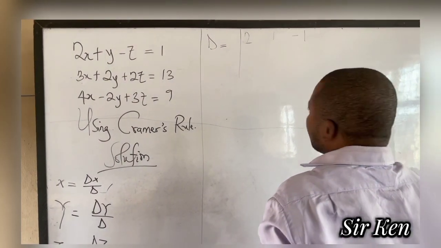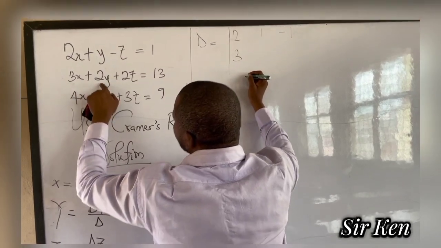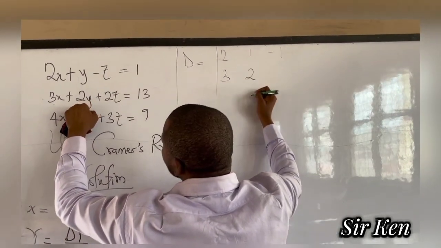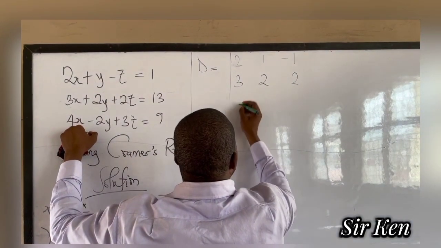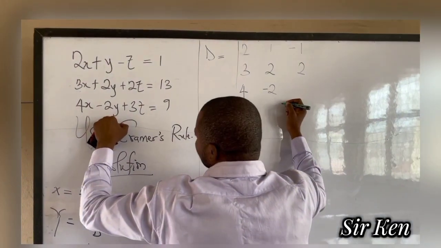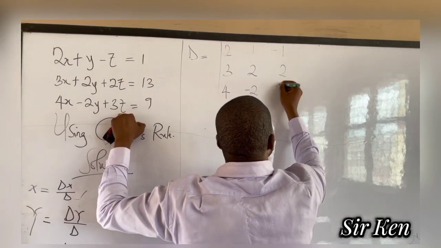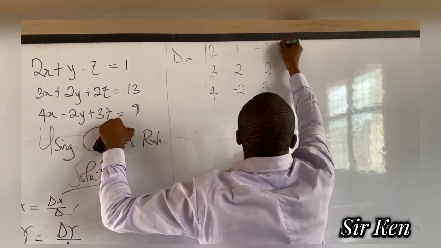Now, the coefficient of x here is 3, y is 2, z is 2. The coefficient of x here is 4, y is negative 2, z is 3. Okay, so that is that.